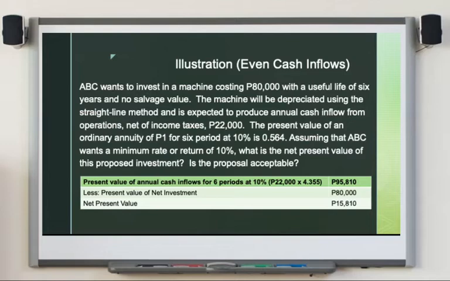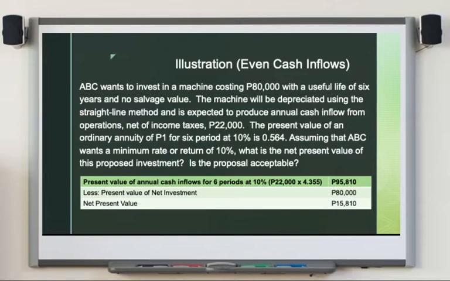However, if the problem says we will receive the 22,000 at the end of the 6th year, we will not be using the ordinary annuity. Instead, we will be using present value of 1 and not ordinary annuity. Okay, I hope that is clear.